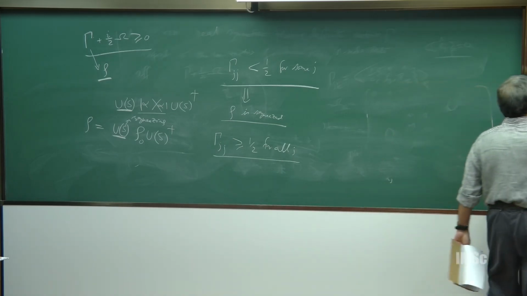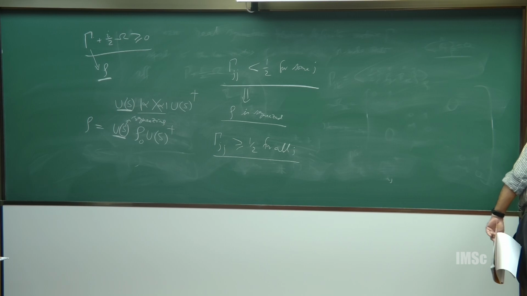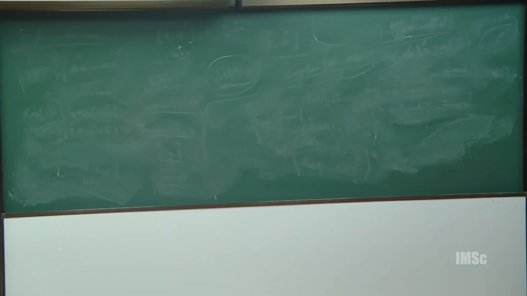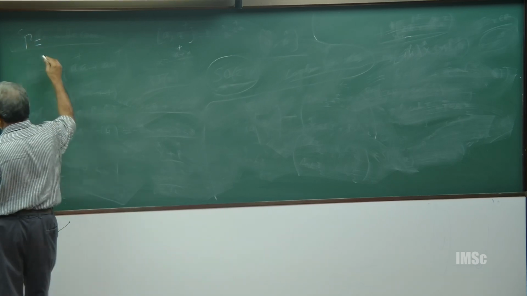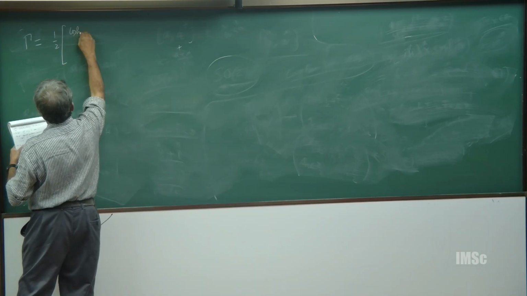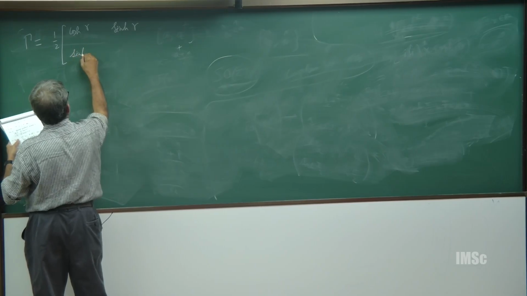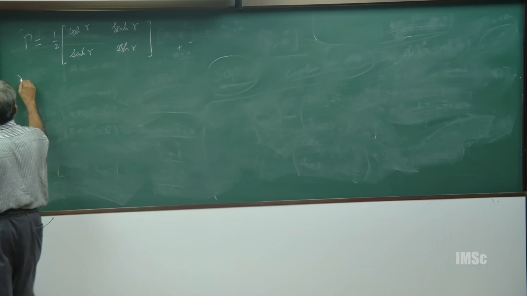So, let me give you this example. Let us take gamma to be of this form: half times the matrix with cosine hyperbolic r, sine hyperbolic r, sine hyperbolic r, cosine hyperbolic r, and here I have taken r to be positive.